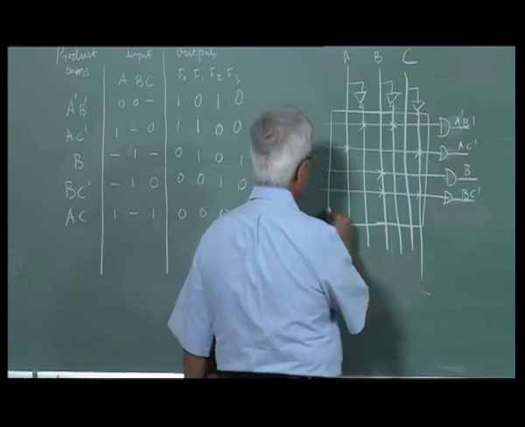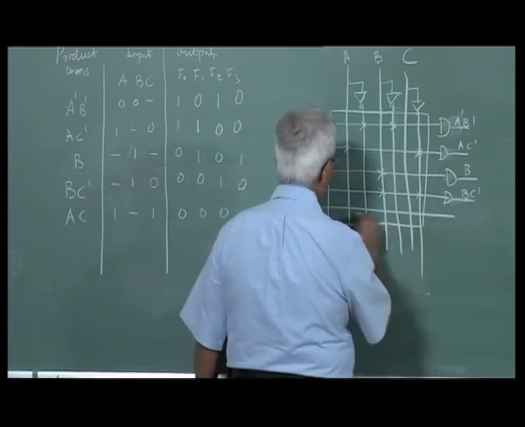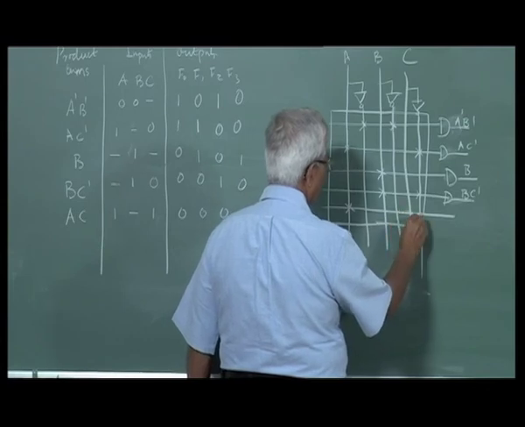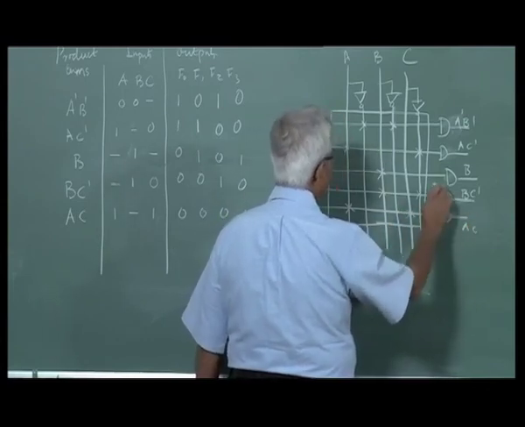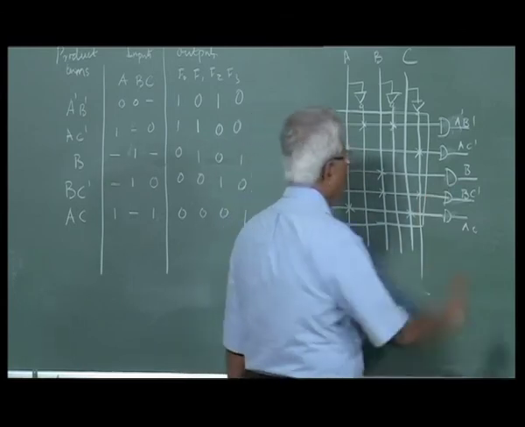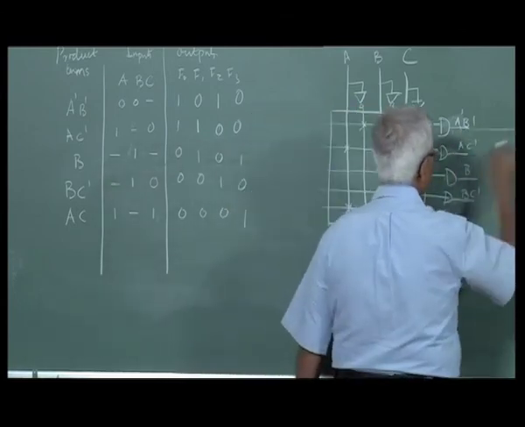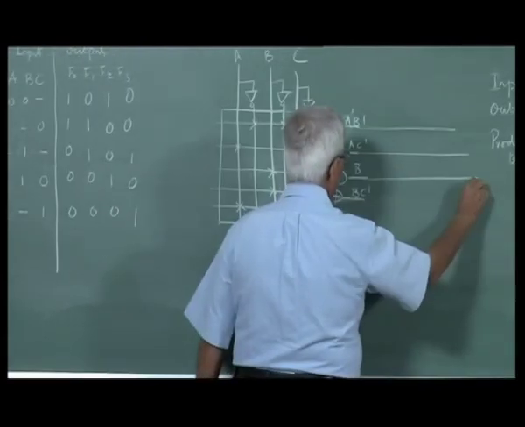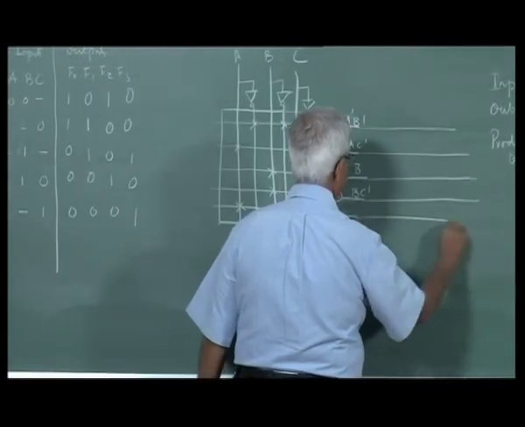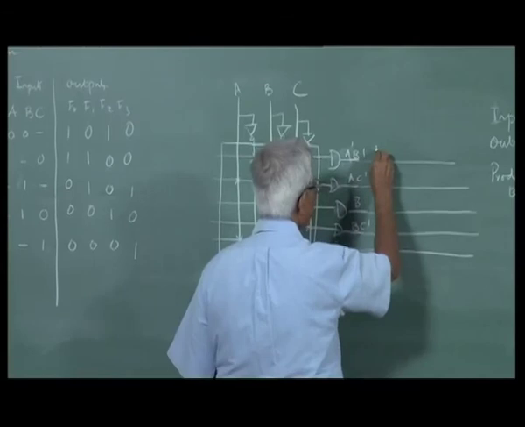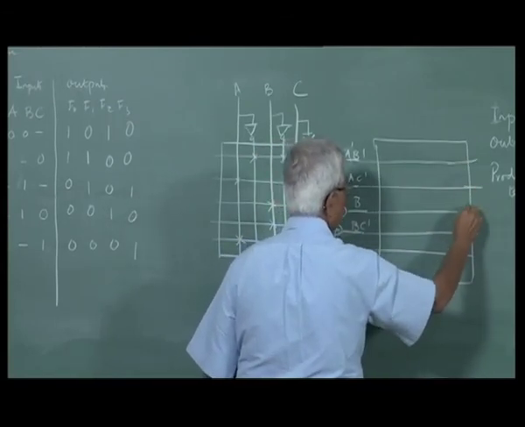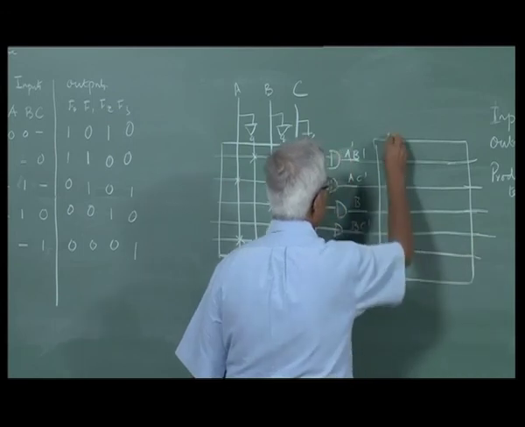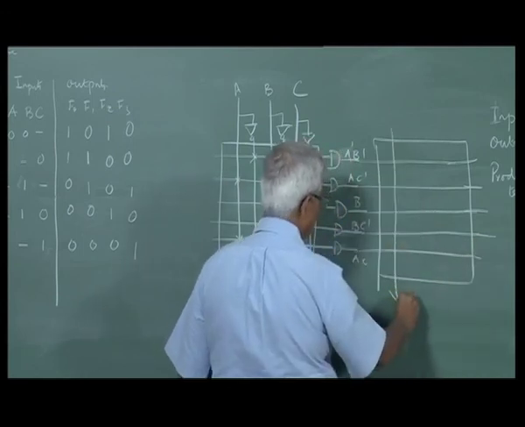Last is AC. This is my AND array, and this goes to F0 using an OR gate.